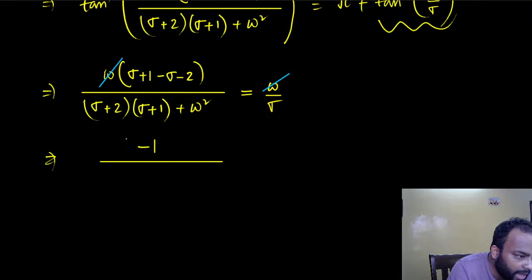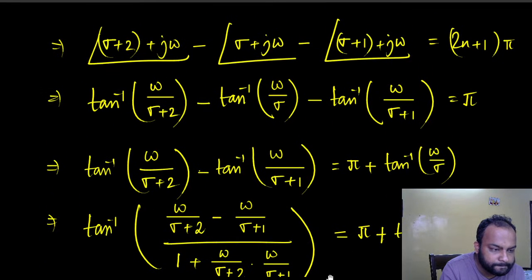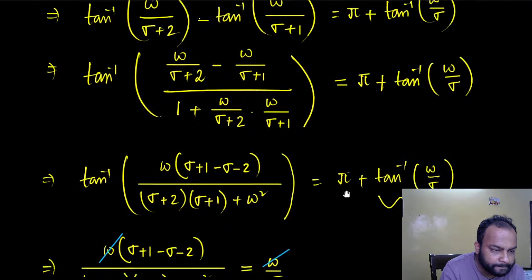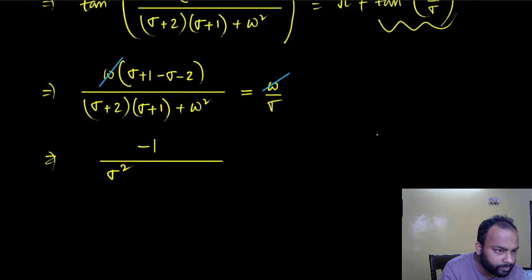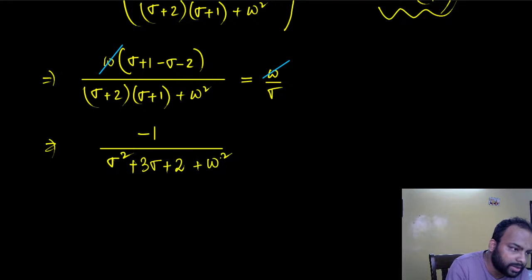And here we have sigma square plus 3 sigma plus 2 plus omega square, and that's equal to 1 by sigma.